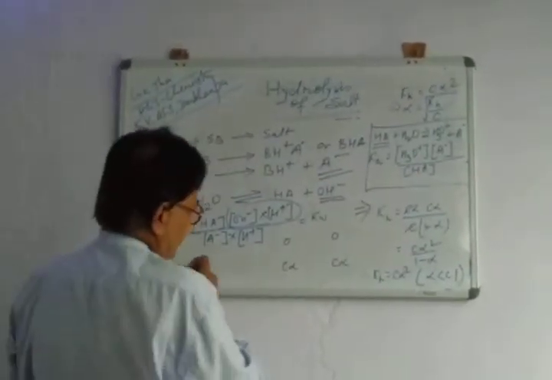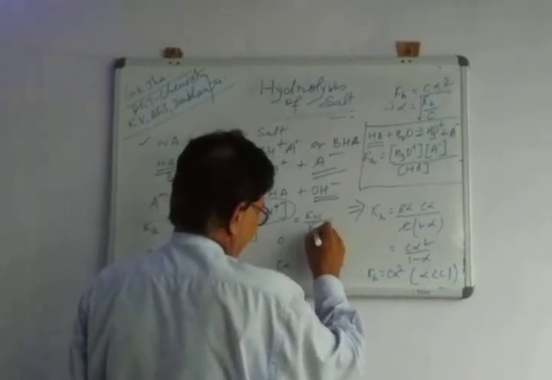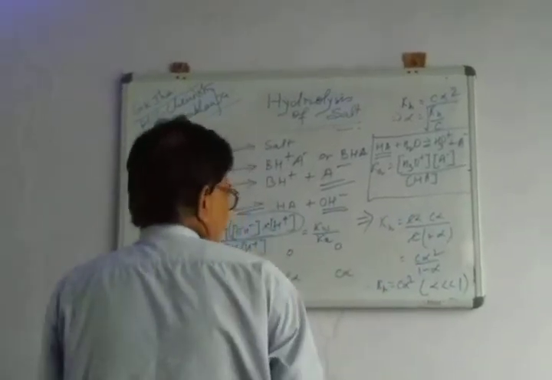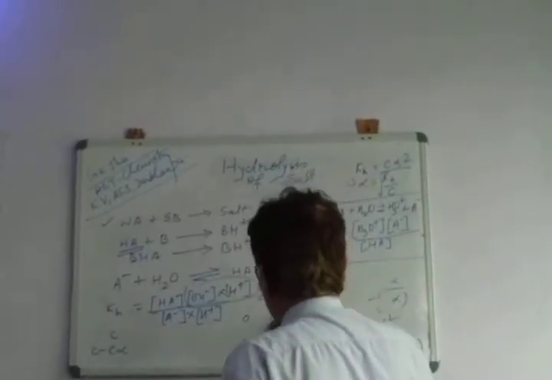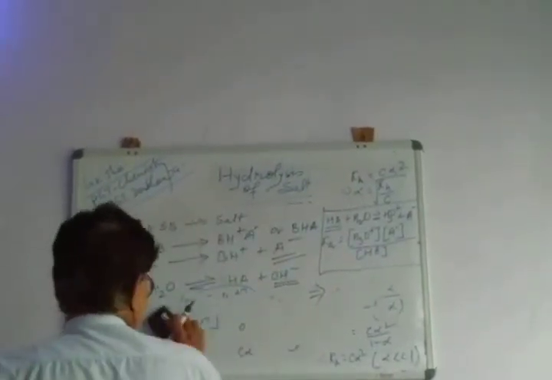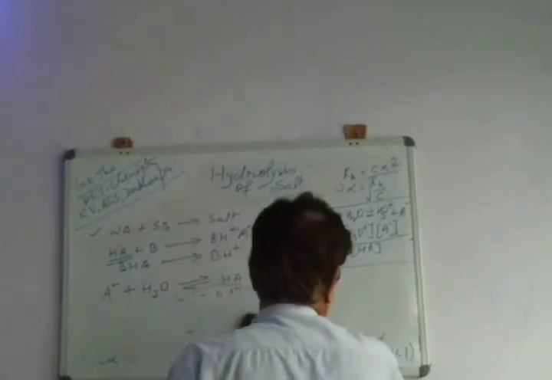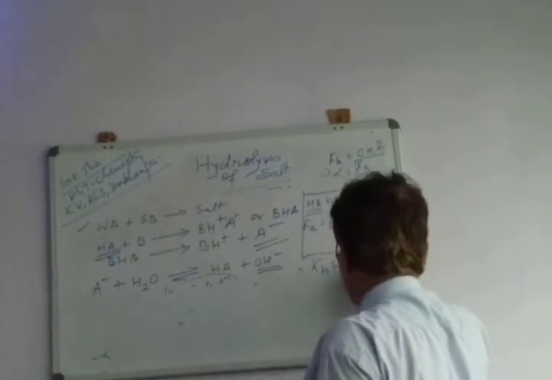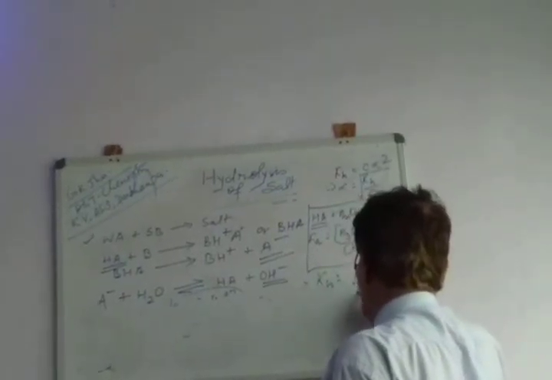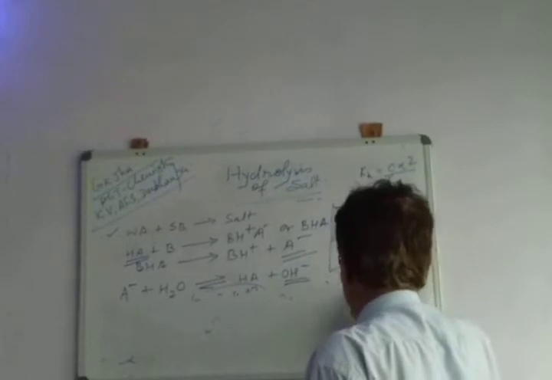Therefore, KH is equal to KW by KA. So another important thing we are considering here is that KH is equal to KW by KA.